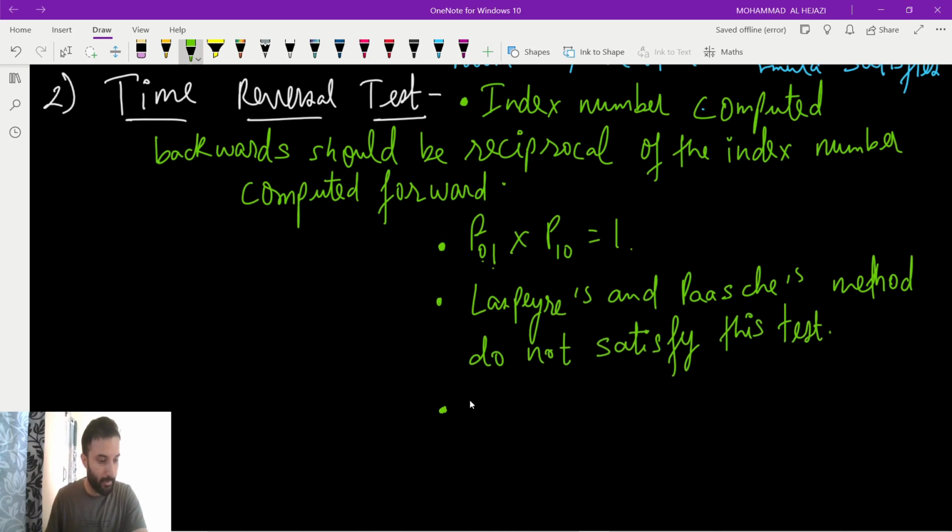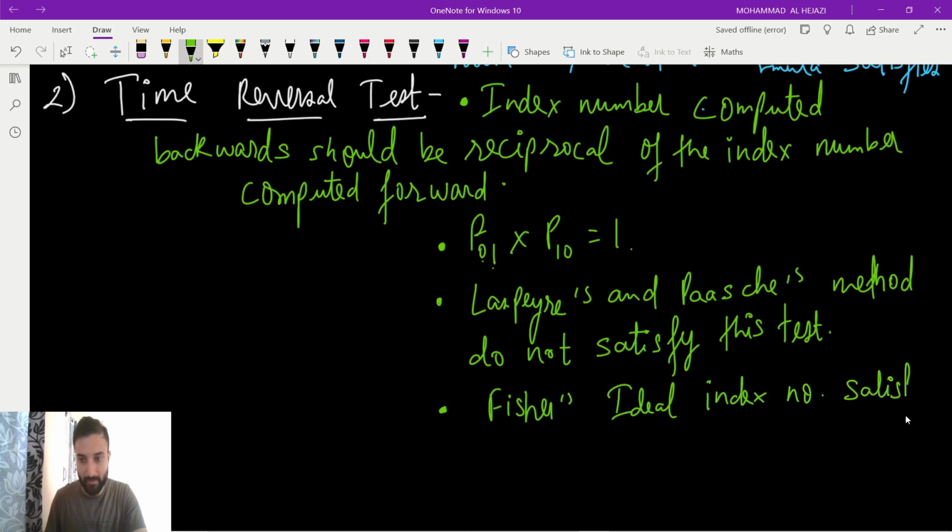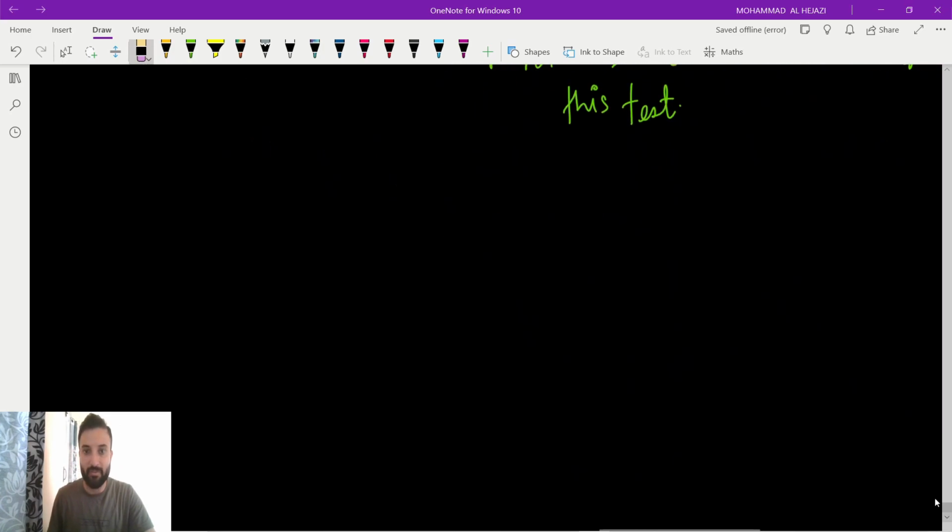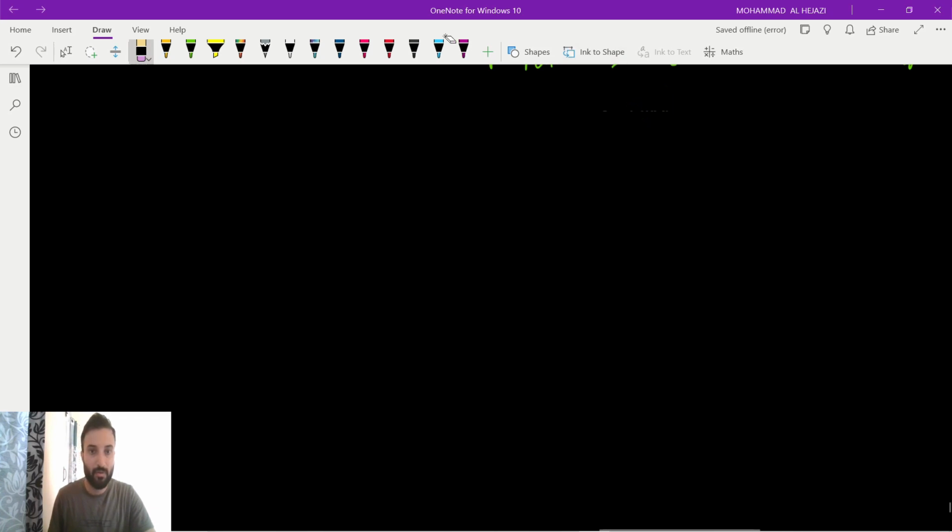Next we'll write: Fisher's ideal index number satisfies this test. So you have to remember which formula is satisfying the test and which formula is not satisfying the test.